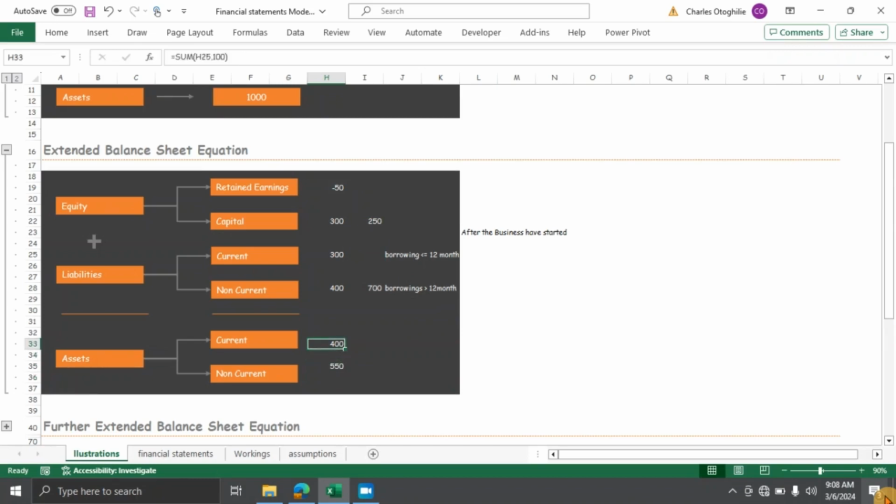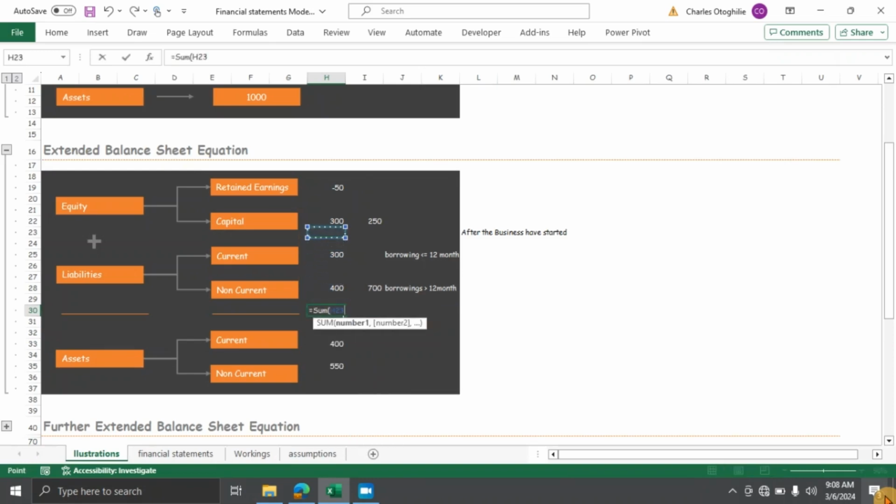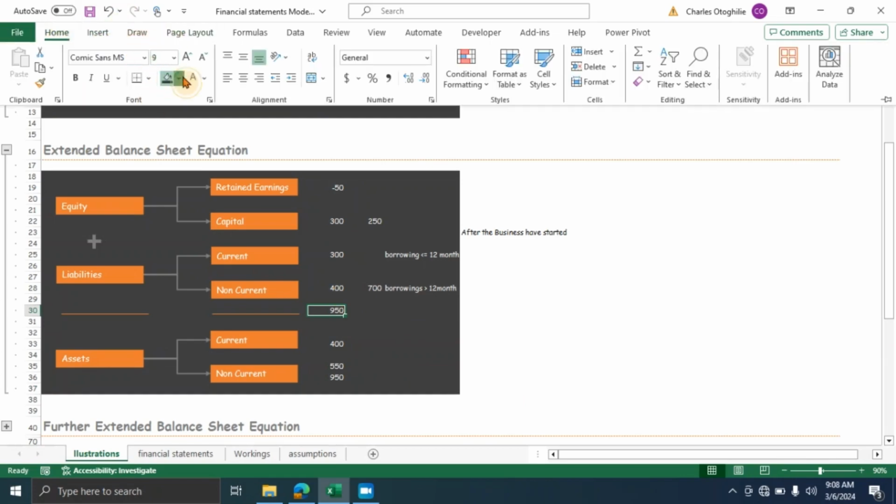So it must come together to make the same thing. If this entire one here gives you 950, whatever you're going to have here should give you the same thing.